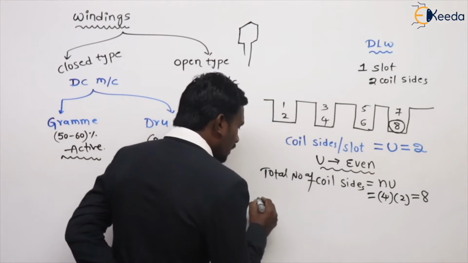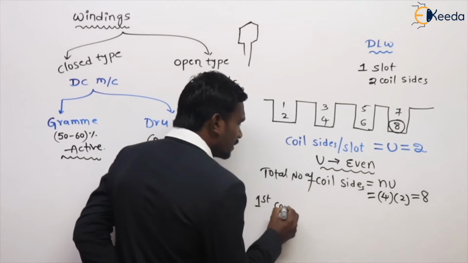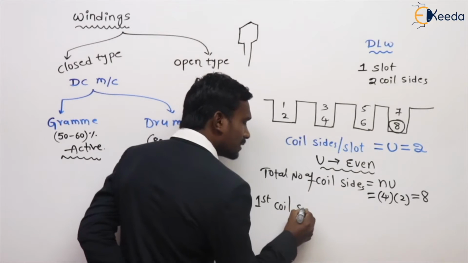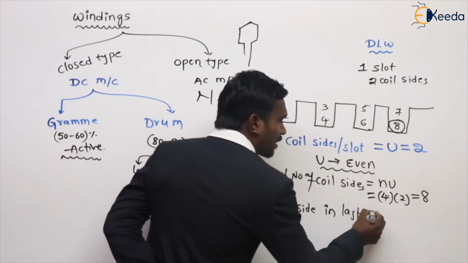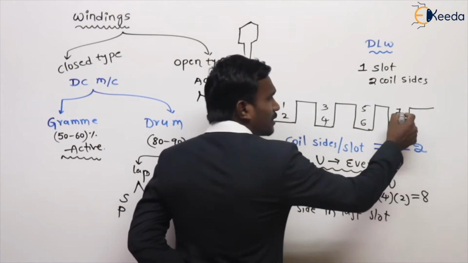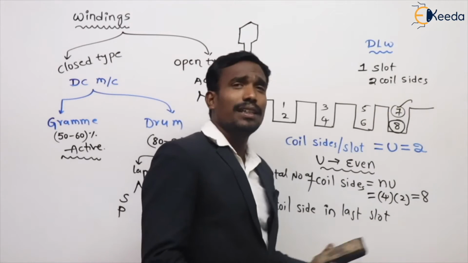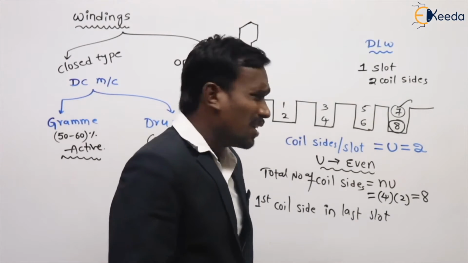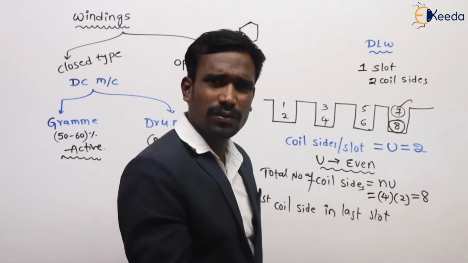Now, I want the first coil side in the last slot. This, I want this one. How can we calculate the first coil side in the last slot? What is the last coil side in the last slot? The total number of coil sides.